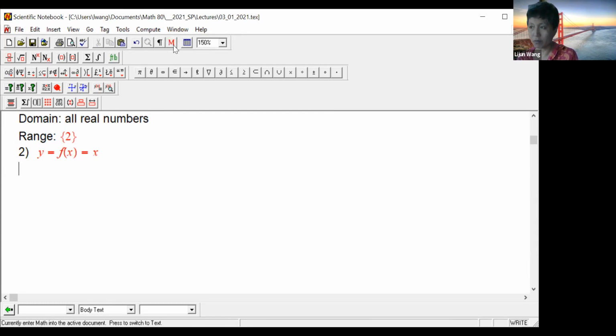If you look at it from the function's perspective, you go through this function. This rule says, whatever input you give me, the output is going to be the same.